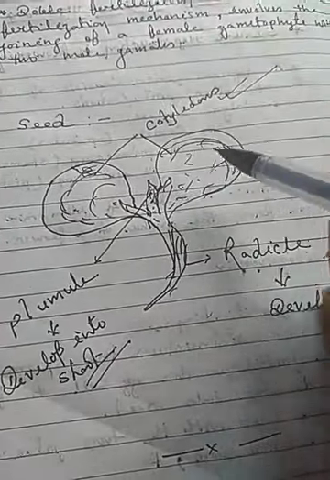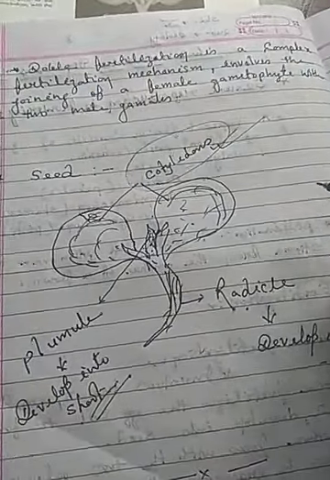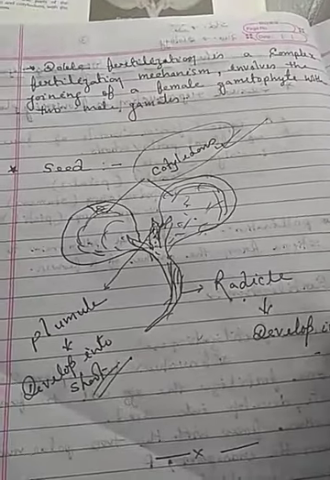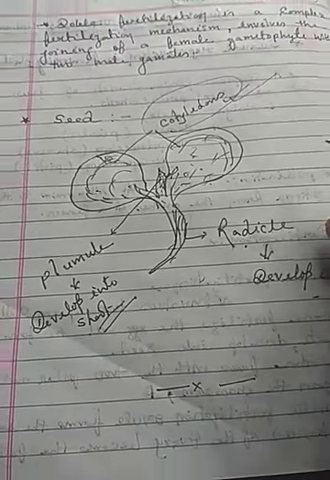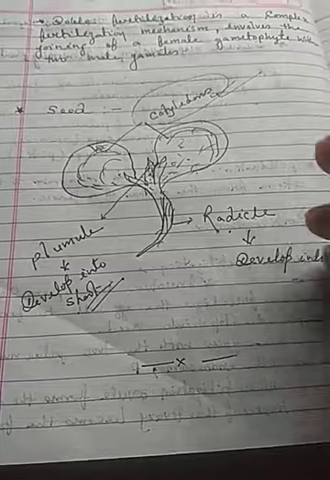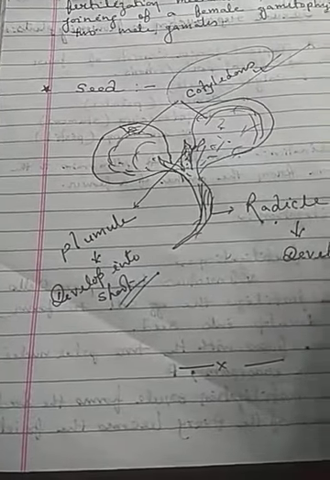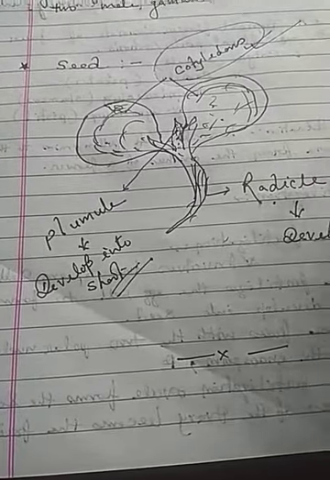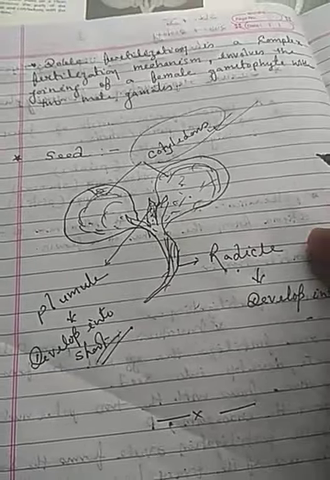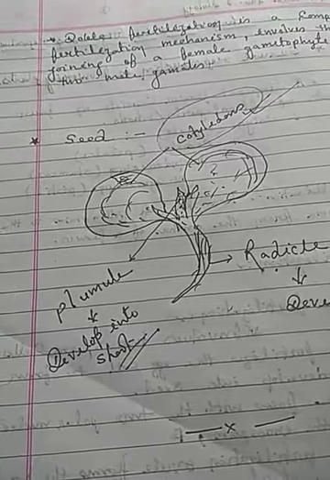Then there is a question: what is the importance of cotyledons? When a seed is kept in the soil, it develops into a plant. As you know, the seed needs various types of energy sources and nutrition to develop into a new plant. When the seed develops into a small plant, a teeny plant or plantlet, it starts functioning, starts the photosynthetic process, prepares its own food and becomes self-dependent.